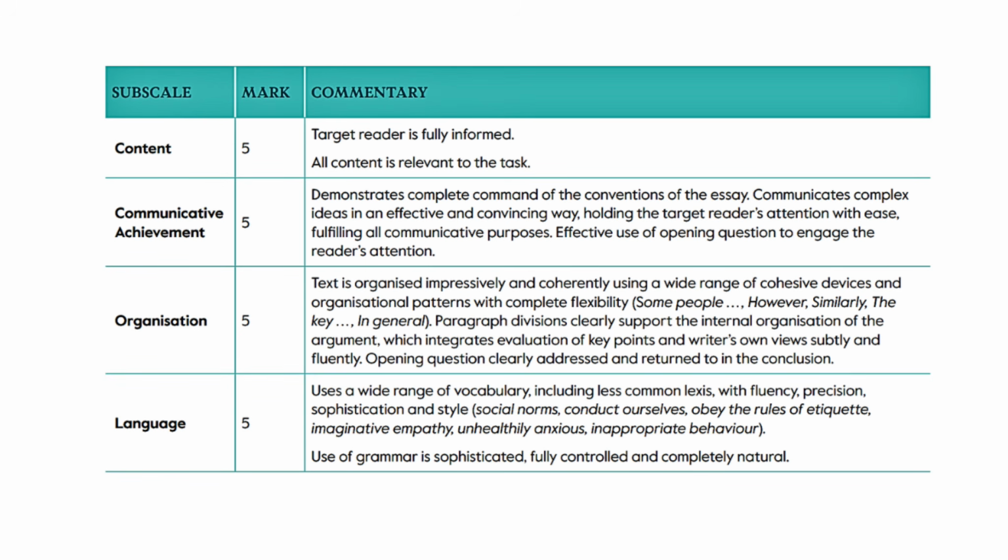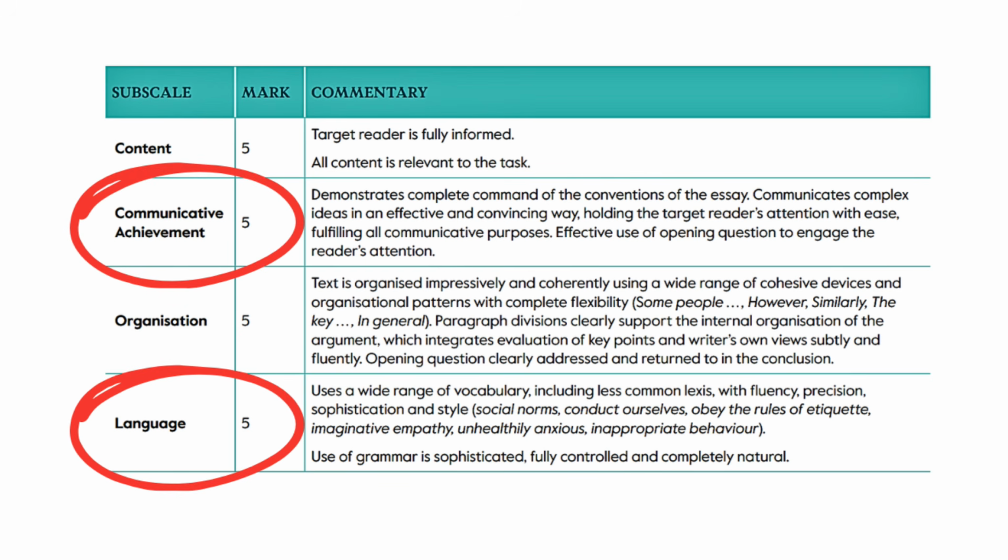So what we're focusing on here really is the communicative achievement and the language, because using the passive voice appropriately in an essay demonstrates that the candidate understands what register is necessary. So in the essay you need a neutral to formal register. That's the most appropriate. But of course the language criterion is also relevant here because it's the grammar. We're looking at grammar, and if you can use the passive voice correctly, you'll get more marks for that.